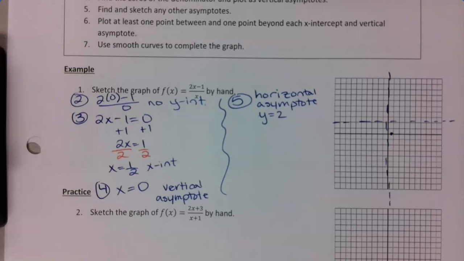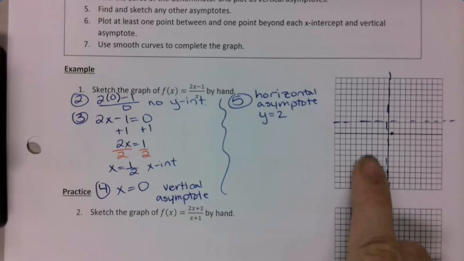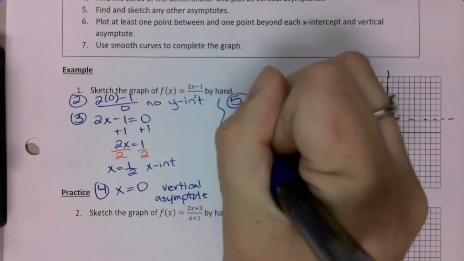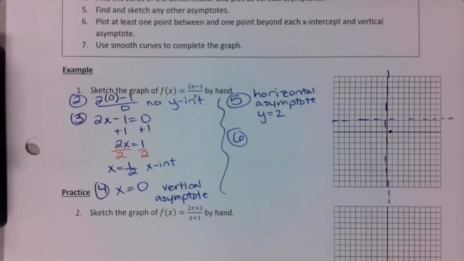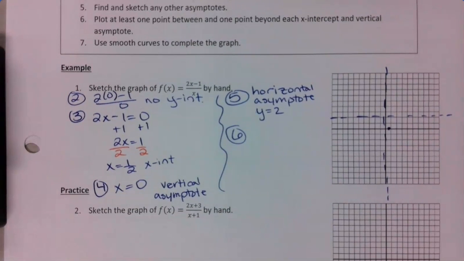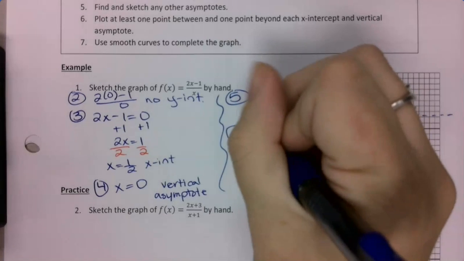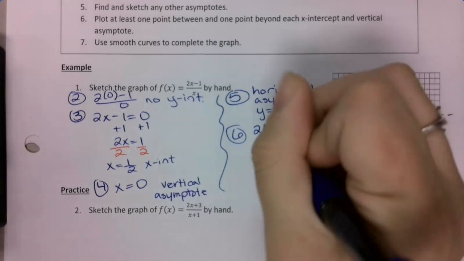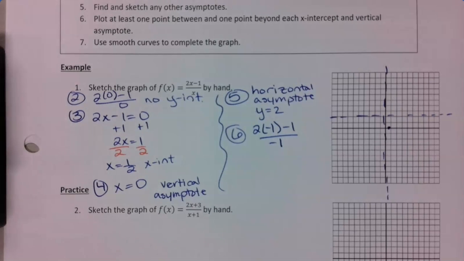Then I need to plot extra points. So I want to do 1 point on the left of my vertical asymptote. What number would you like to pick that's on the left side of that asymptote? Less than 0. What number would you like to pick? How about we pick easy numbers to plug in, like -1? Because the larger the number, the larger my y value is, and it might not fit on that graph.